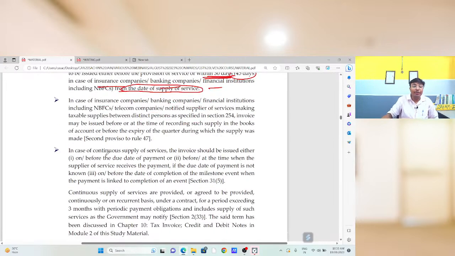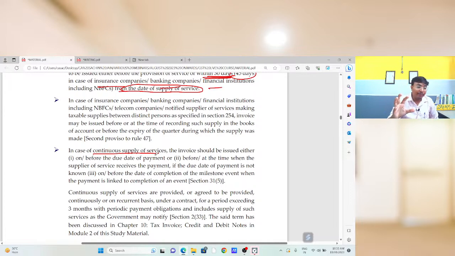In case of continuous supply of services, suppose an industry has hired me to provide consultancy services on continuous basis, and I issue a statement of payment on quarterly basis, that in this particular quarter you took my consultancy 3 times, so this is the statement for that. When I issue that continuous statement, by that date I need to issue the invoice. That is the time limit to issue the invoice.